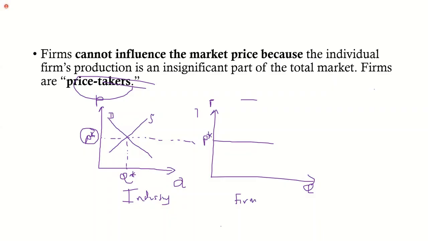So we are all price takers in a perfectly competitive market, right? If someone increases the price, what would happen? Now, all of us will decide to sell at P star. But if one of us decides to increase the price, what would happen?